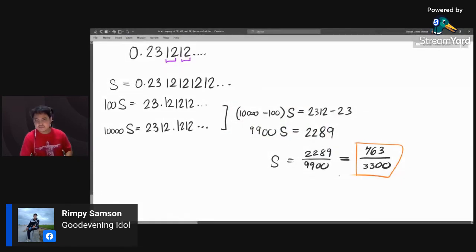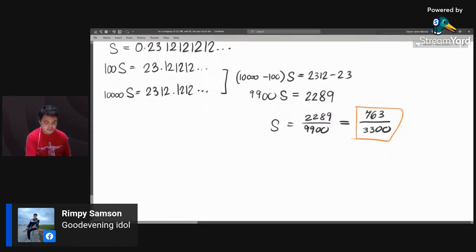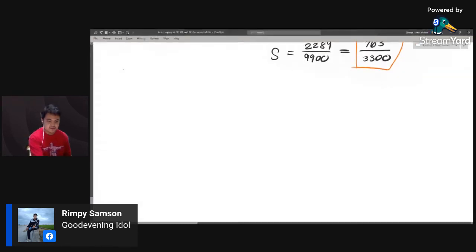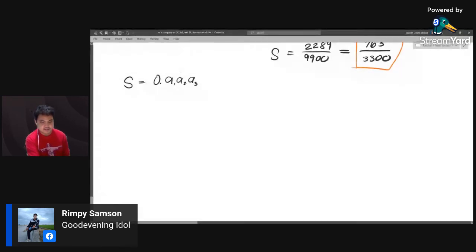So, paano kung i-generalize na? Pwede natin itong i-generalize. Try natin maghanap ng formula. So let's say 0 point A1, A2, A3 up until Ak, then B1, B2, B3 up until Bn, pero ito ay nauulit, repeating siya.